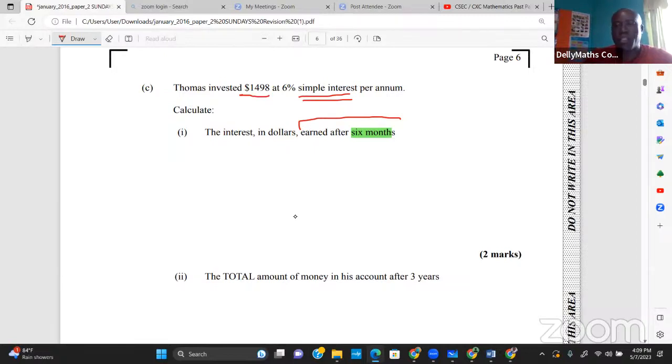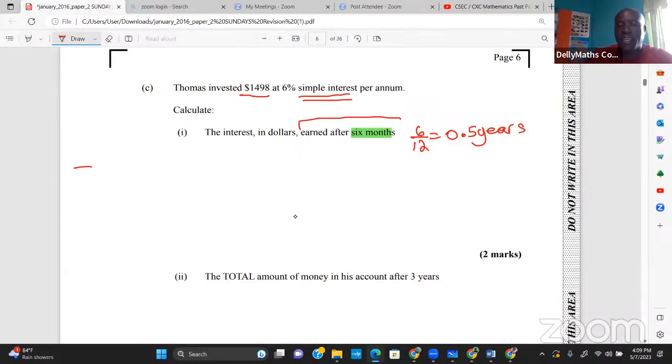So you want to convert your 6 months to years. 6 months is 6 out of 12, so this is 0.5 years. You don't put 6 in the formula, because it's not 6 years. It's half of a year.